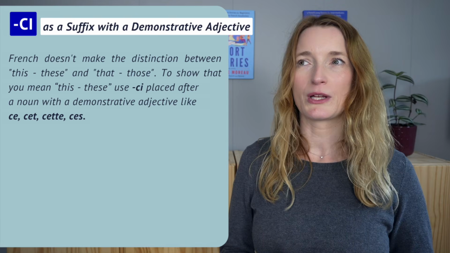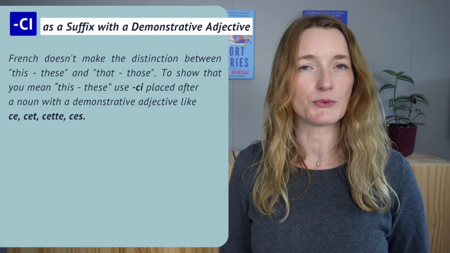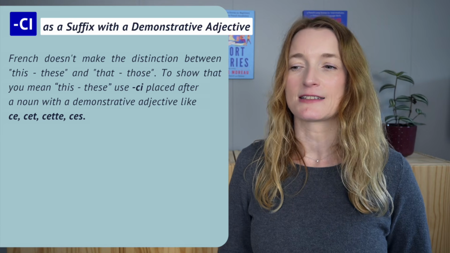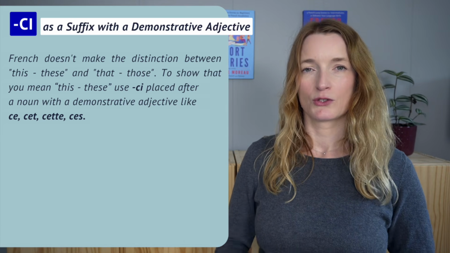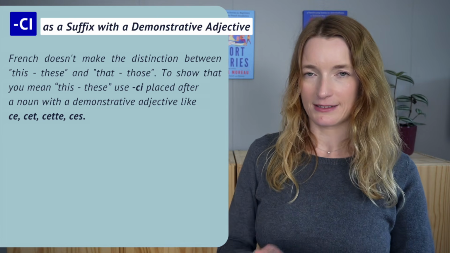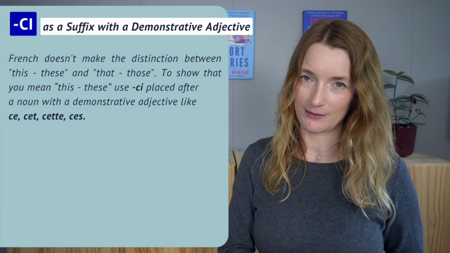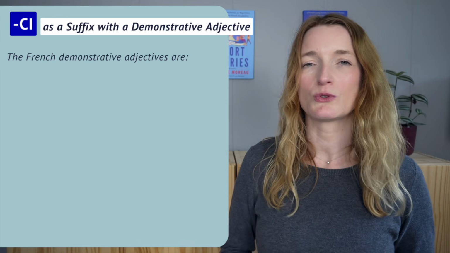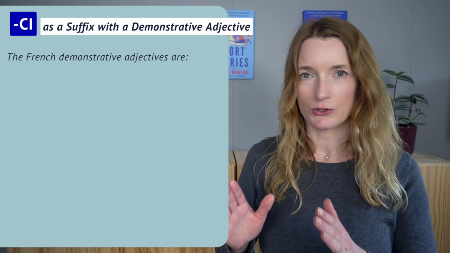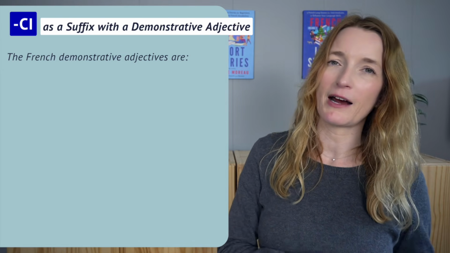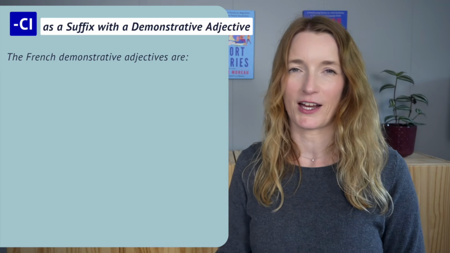So in French, we don't have a way to differentiate between this, that, and these, those. To be able to say this and these, we are going to use ci. But not alone. We are going to use ci after a noun that is preceded by a French demonstrative adjective.